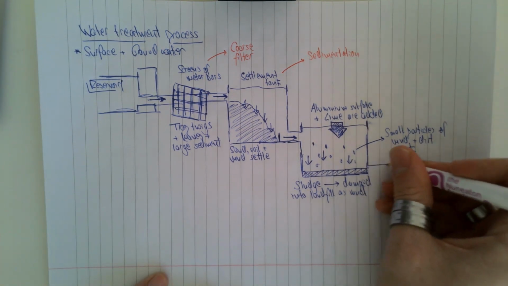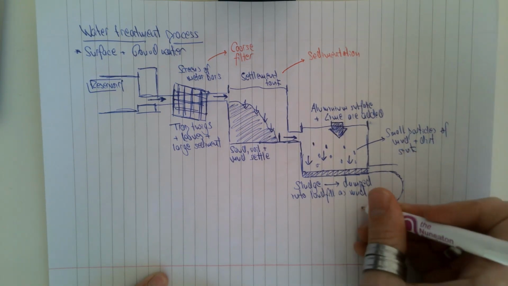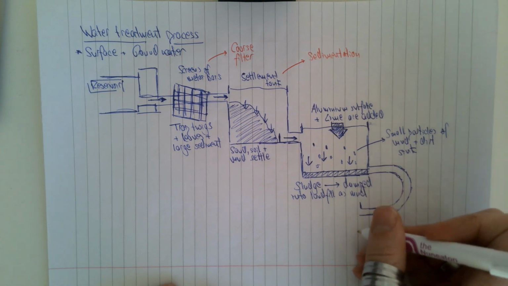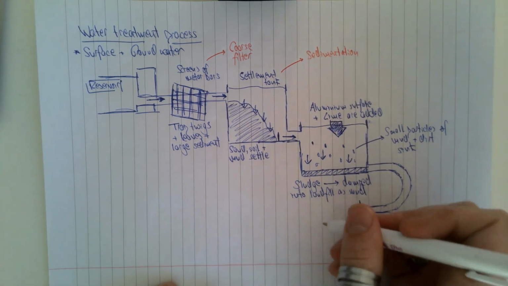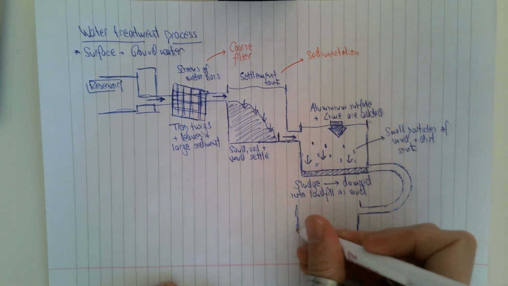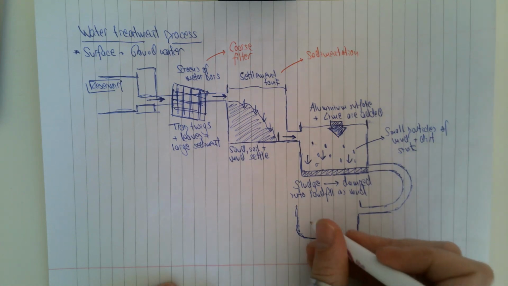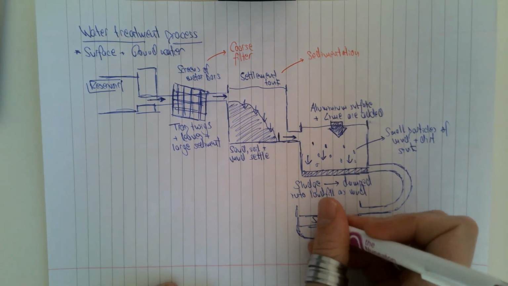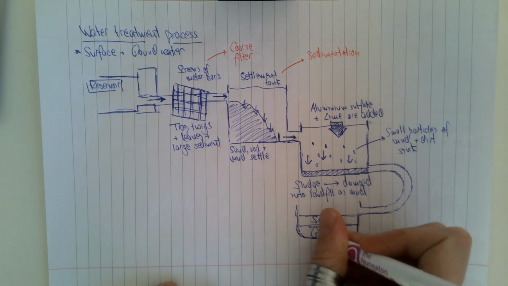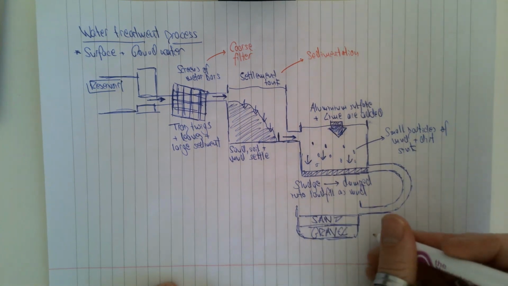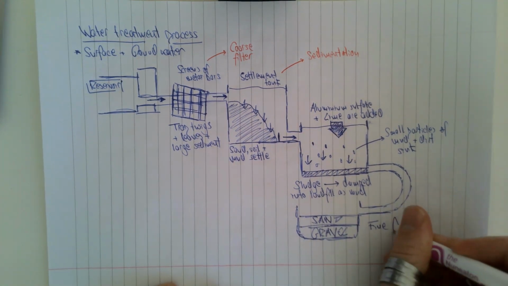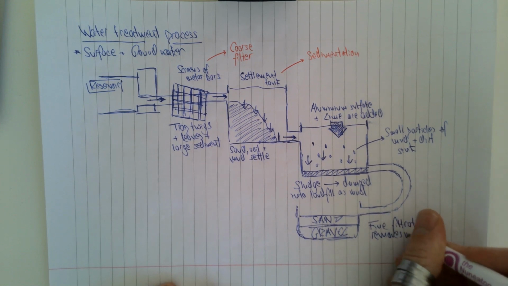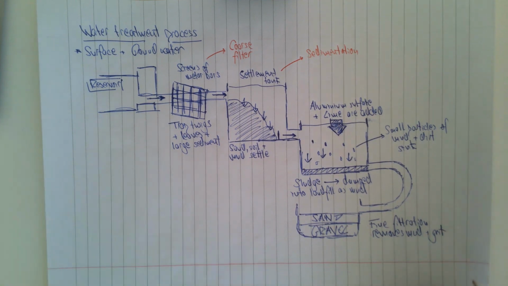So water then travels out through pipes into another tank, where you then have grit and sort of fine dirt like sand and gravel removed. Fine filtration removes mud and grit.